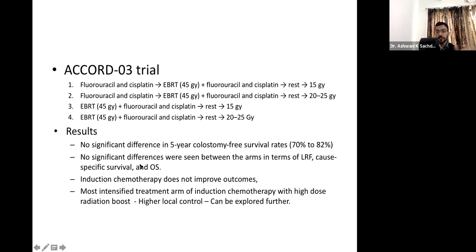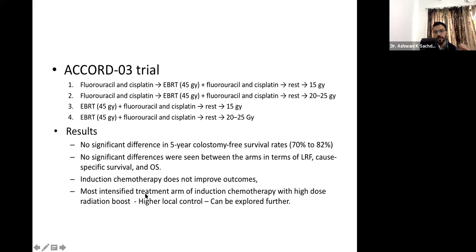The results were not different: no difference in 5-year colostomy-free survival rate, no difference in disease-specific survival or overall survival. They also found that induction chemotherapy doesn't help.